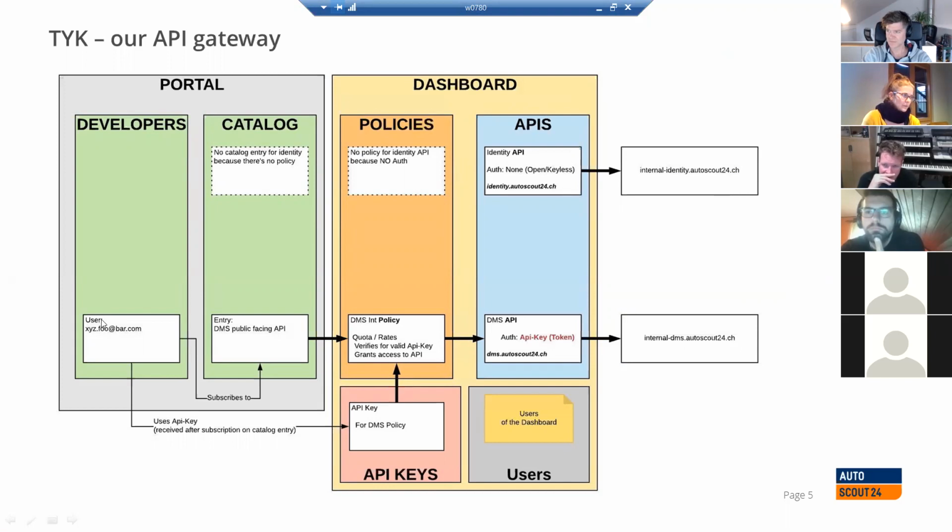And I have a question. For the DMS API, we don't need to have the identity server publicly available, or? The identity server is managed on Tyke as well. I'm not sure. Do you know that, Oli?